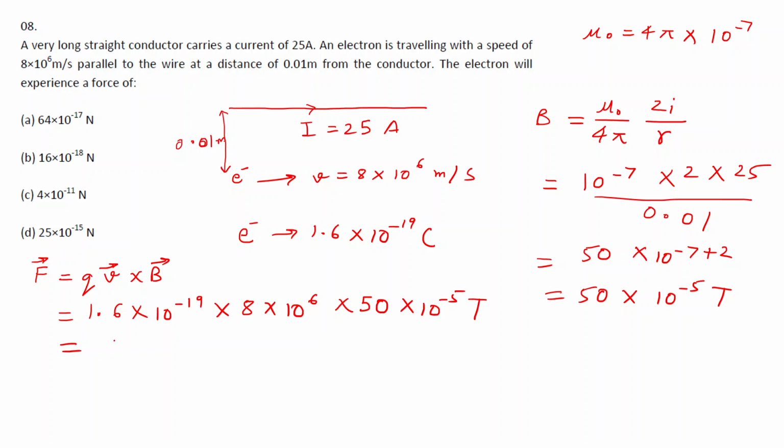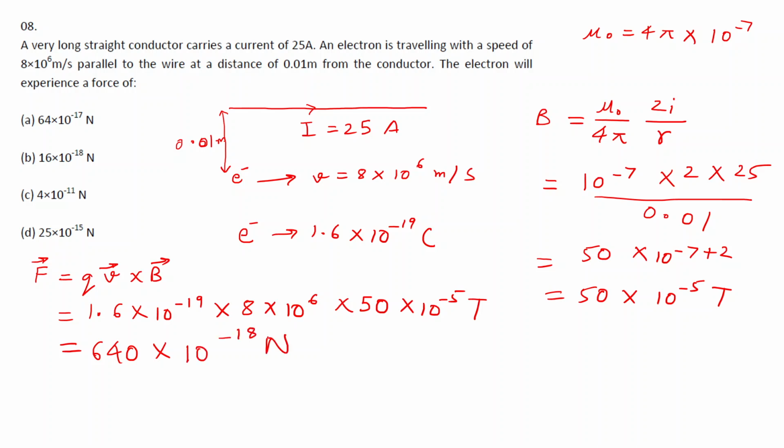Now let's calculate everything. This will be 1.6 times 8 times 50, that is 640, and the powers will be 6 minus 19 minus 5, that is minus 18, so 10 to the power minus 18.